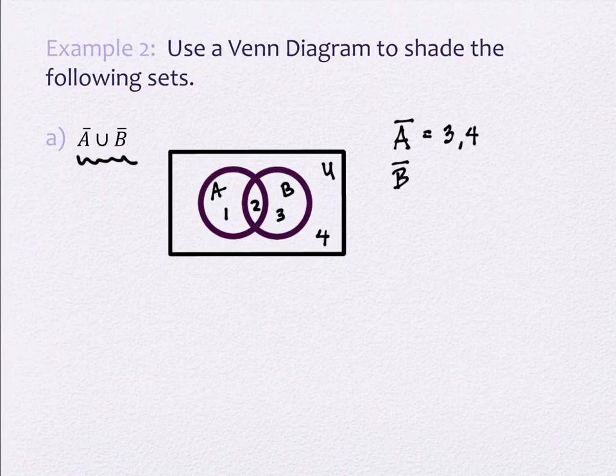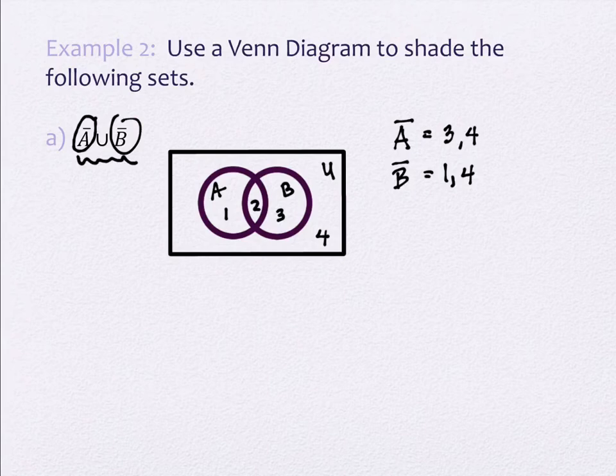B complement is also in the problem. So what symbols or numbers are actually not in circle B? Yeah, 1 and 4, right? Everybody good so far? So this is kind of like when we're working with truth tables where we take the individual pieces first and we create a column for them, right?